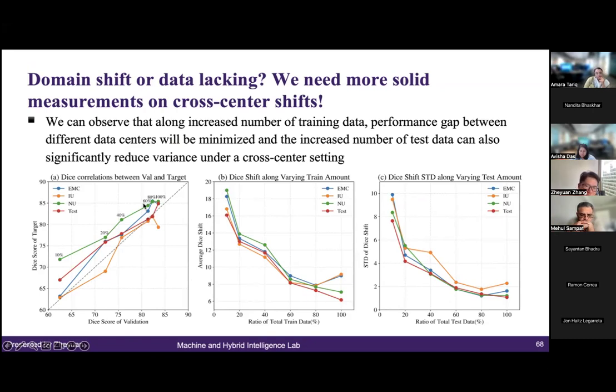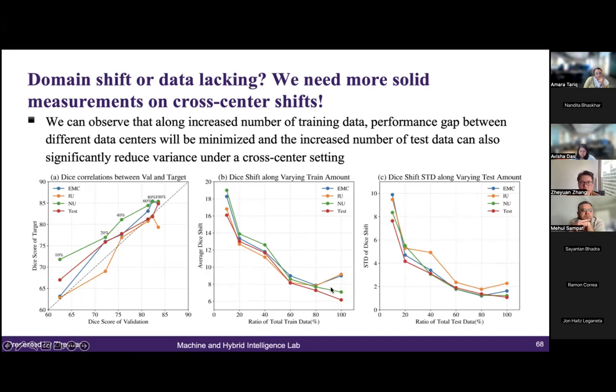But as we increase the number of source domains, we can find that the variance between different centers is reduced very significantly. The performance increases similarly, and the variance decreases very significantly.